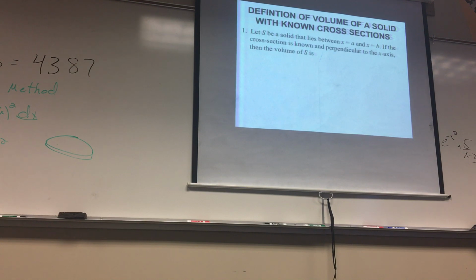Then the volume of S is represented by the integral from a to b of the area of the cross section times dx, which is your change in x. That gives you your volume, area of the base times the height of your solid.